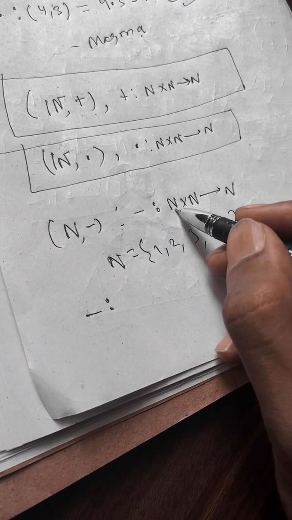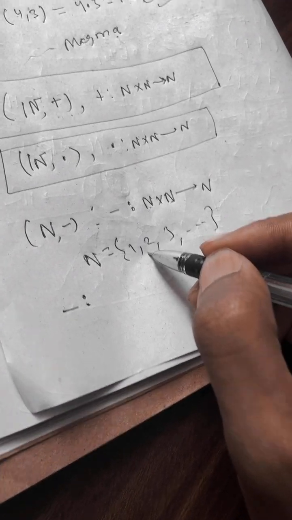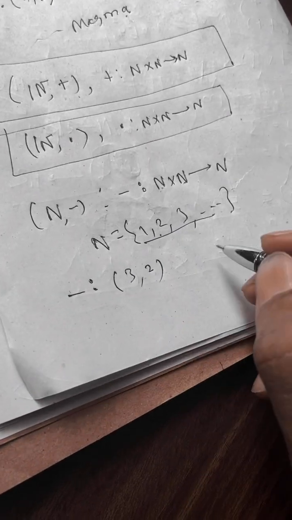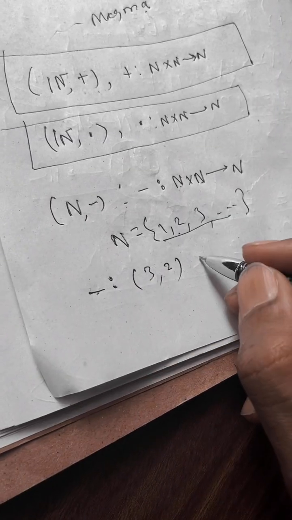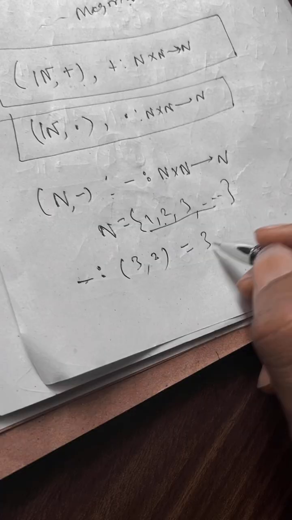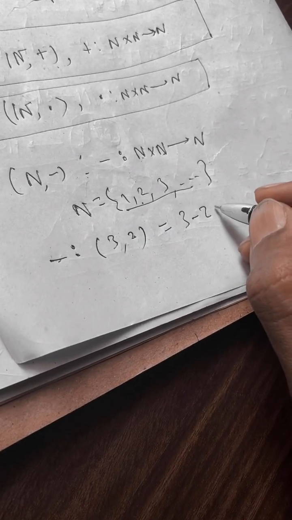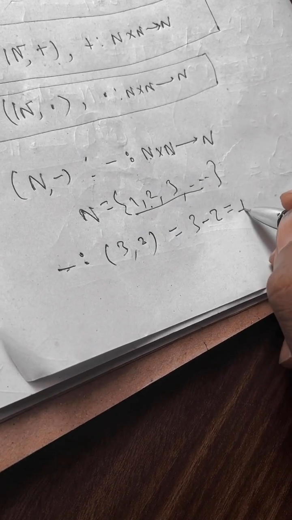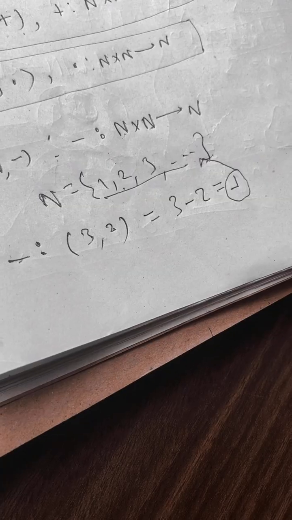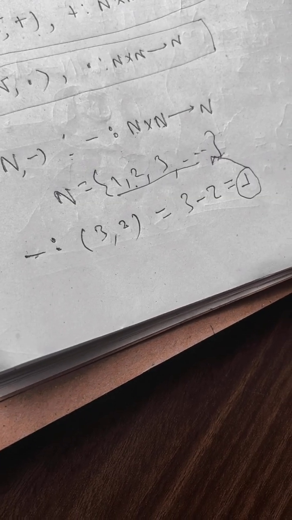Let's take two elements from this set and make an ordered pair, let's say 3 and 2. It is going to put a minus sign in between the two numbers. So 3 minus 2, the answer is 1. Now does 1 belong to this set? Well, yes, it does. So is it a magma?